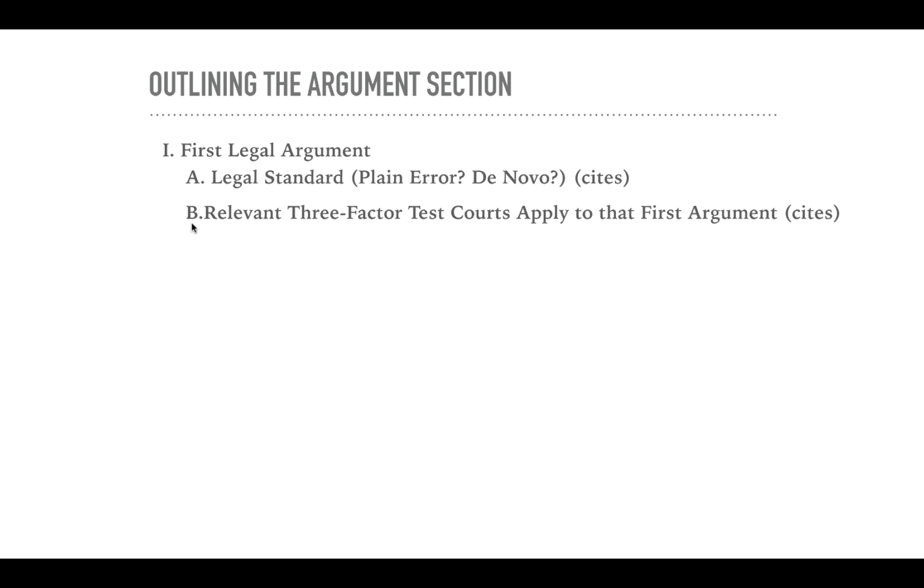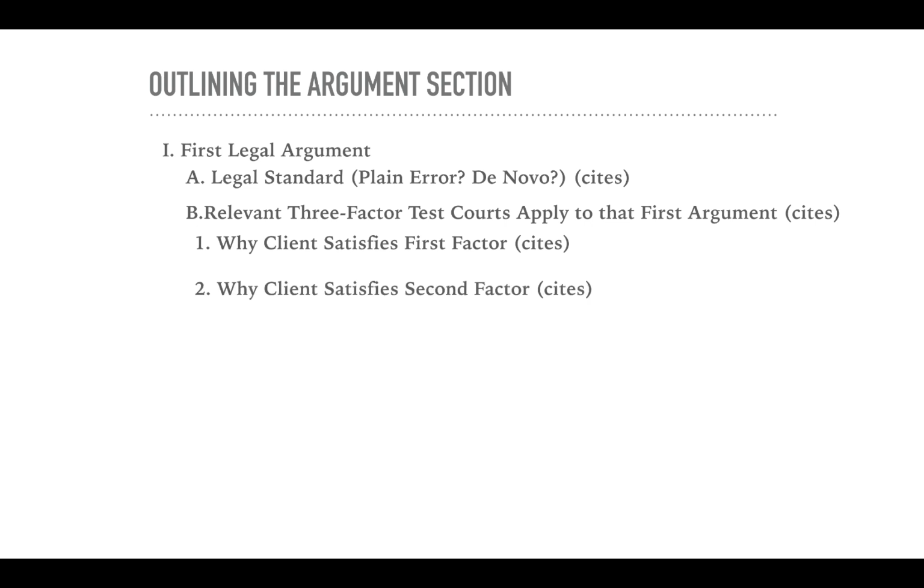Your next subheading might be a relevant three-factor test that courts apply to this first argument. And again, you'll want to have citations to law about that three-factor test. Logically continuing then, a subheading B.1 could be why your client satisfies the first factor, B.2 why the client satisfies the second factor, and B.3 why the client satisfies the third factor.